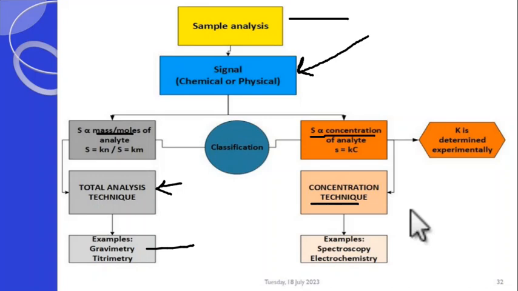One thing you should note is that the K in this equation is determined experimentally. Never forget that. Some of the examples of these techniques under concentration technique, we have spectroscopy and electrochemistry.